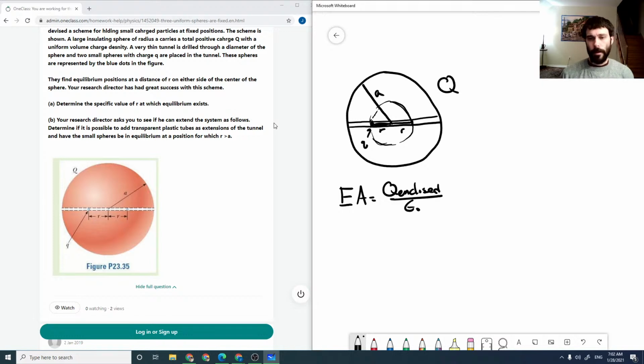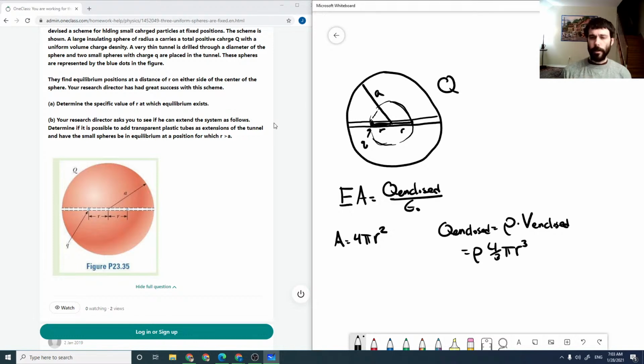So our surface area is 4 pi r squared. Our charge enclosed, so it's a uniform charge density, is our rho times our volume, which is rho times 4/3 pi r cubed.